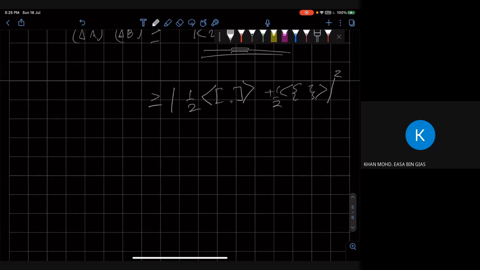So when is Schwarz's inequality satisfied?